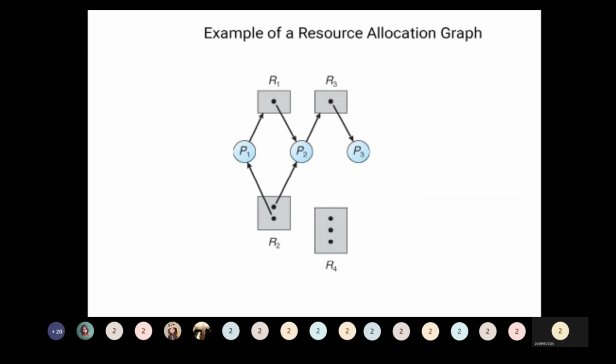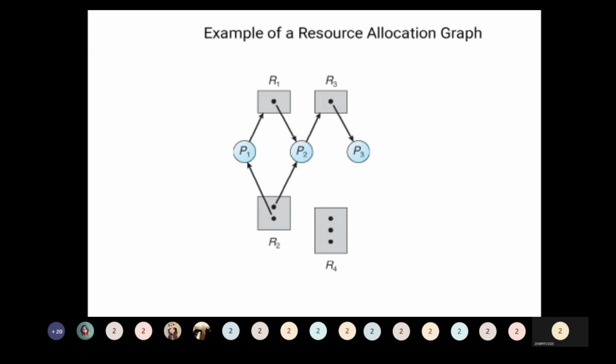Then R2 is already assigned. One instance of R2 is assigned to P2, and one instance of R2 is assigned to P1. R3 is assigned to P3. From the directed edge, you have to understand which is the assignment edge and which is the request edge.